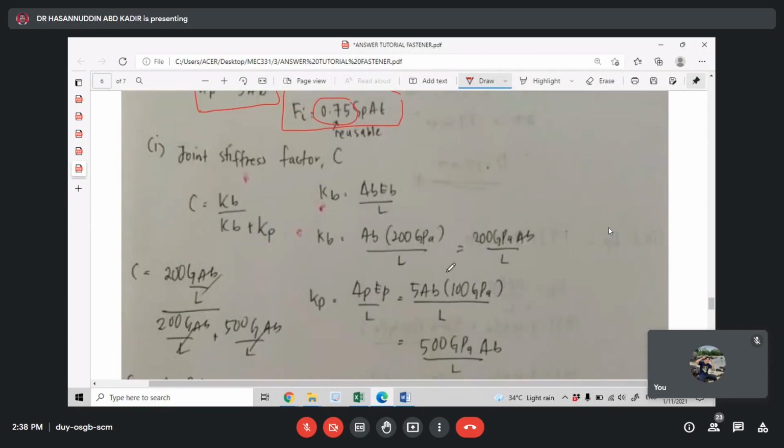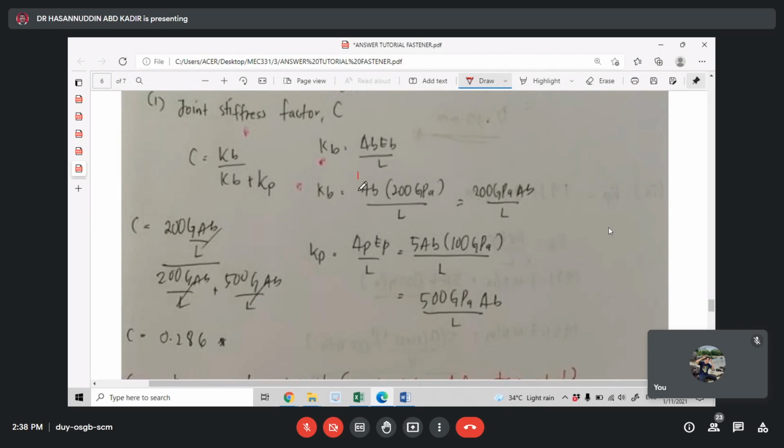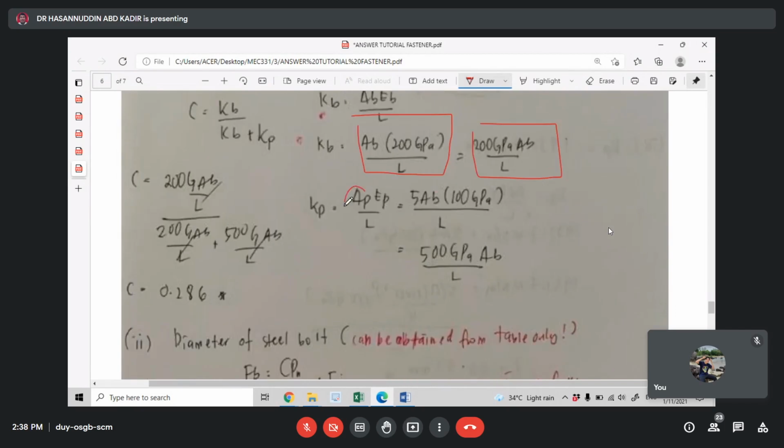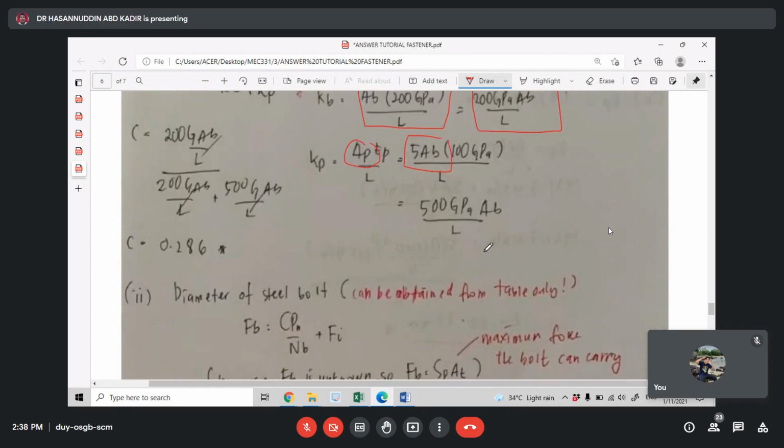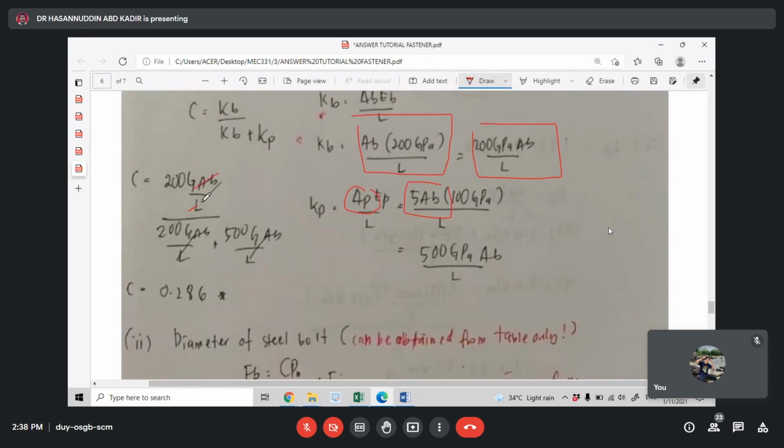So you do first for the KB and KP. So this one, AB, they give to you in terms of AB. So this one you can convert firstly AP to the 5AB because you want to eliminate the AB and also the L here. So later on you can eliminate this one L and also AB. So you can get the value of C.